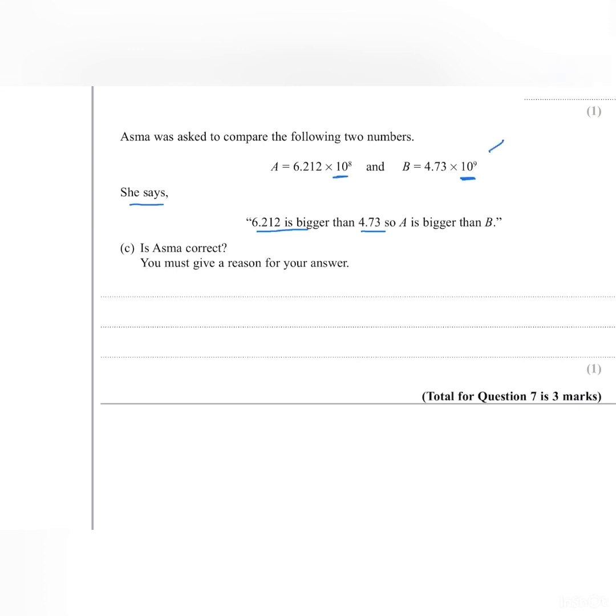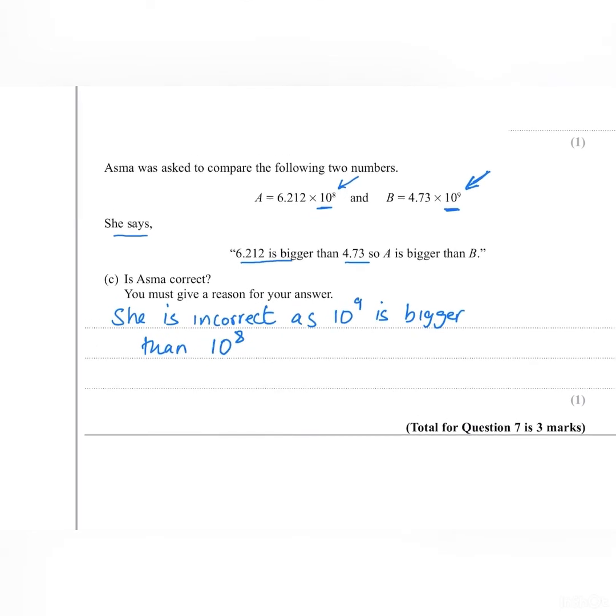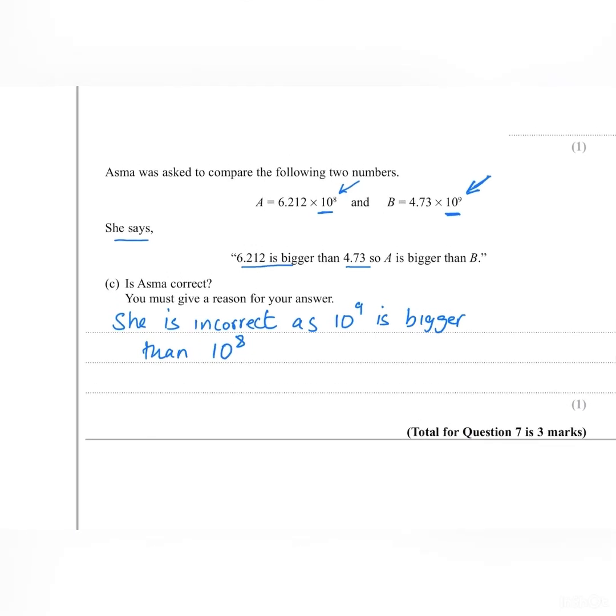So this is 10 to the power of 9, and that is 10 to the power of 8. So number B is always going to be bigger because it's got one extra power of 10. Okay, so write this in, and that should get you all 3 marks for this question.